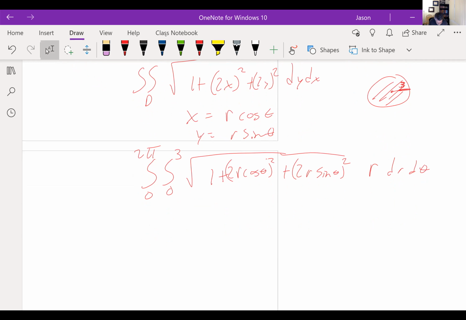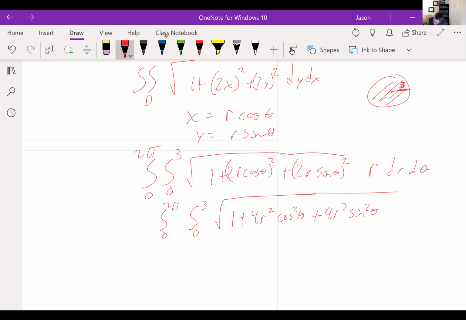So this is the square root of 1 plus 4r squared cosine squared theta plus 4r squared sine squared theta, with the r in front, then dr d theta.